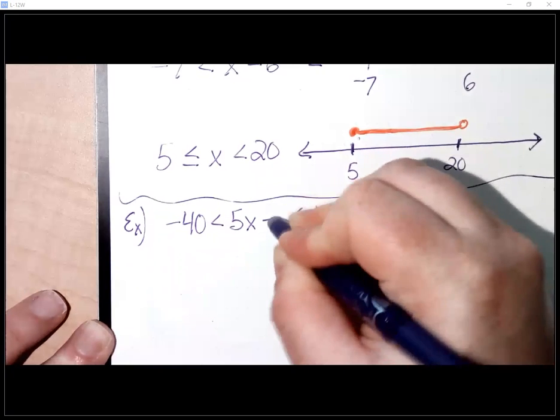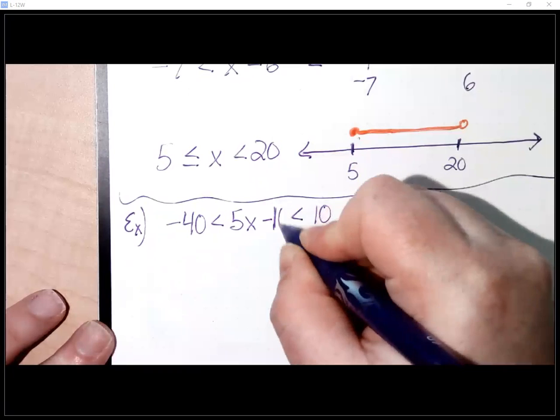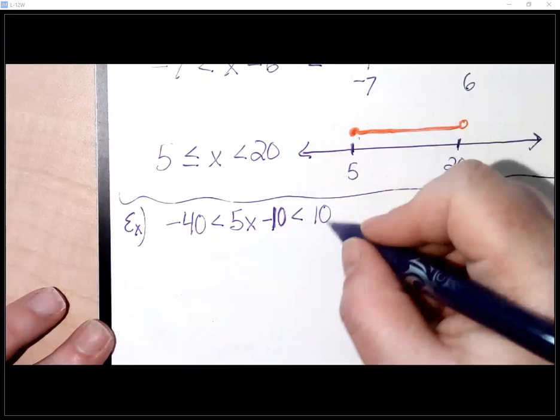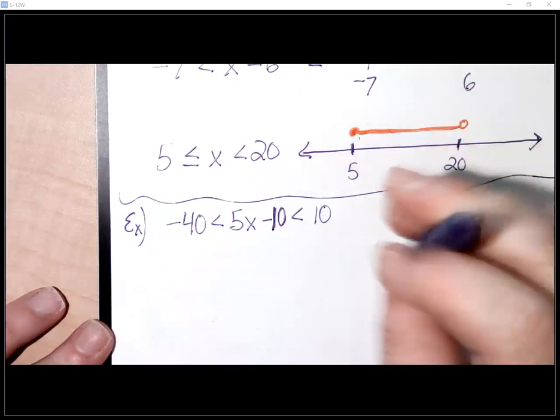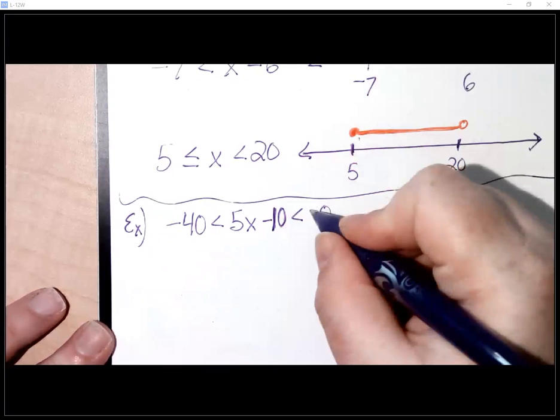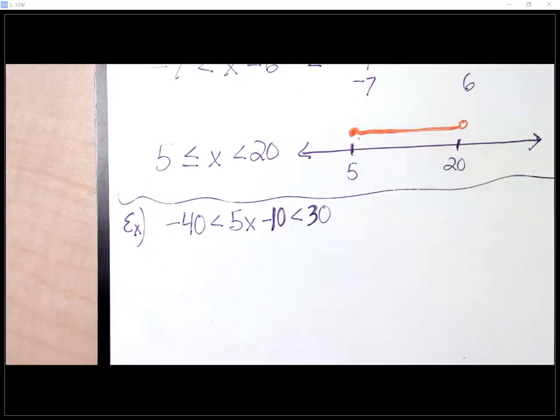Let's make that a -10. I just want the numbers to work out a certain way. And then this 10, let's change it to a 30. Sorry. Okay. Double check that you have it the same way I have it now, otherwise you'll be all confused.